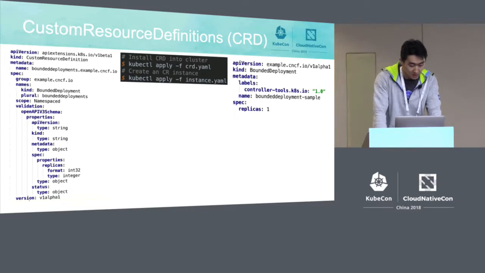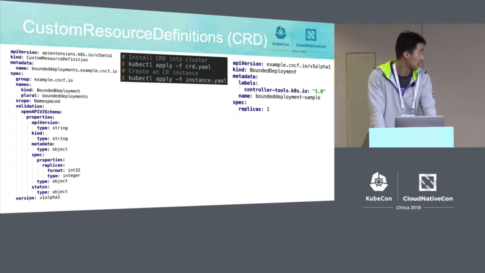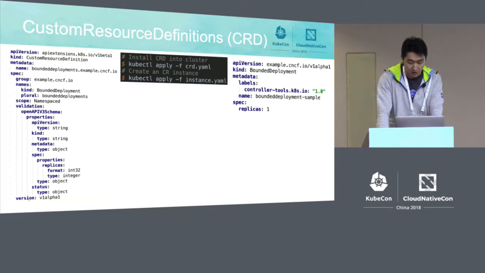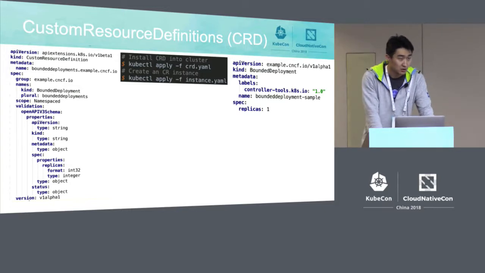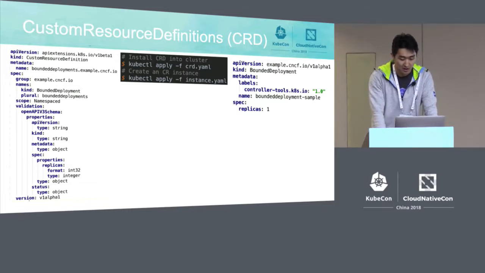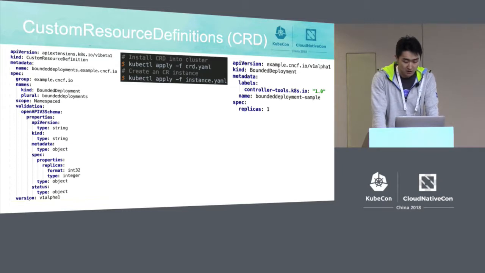And next, Kubernetes API is awesome and powerful. How can we extend the Kubernetes API to support our business logic? So CRD is the recommended approach to achieve this. When you create a CRD, the API server creates a new RESTful resource path at runtime for each version you specified in the CRD.